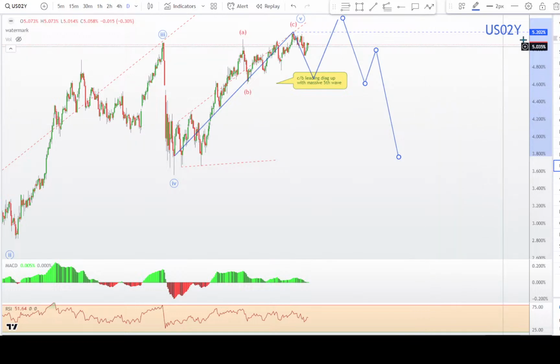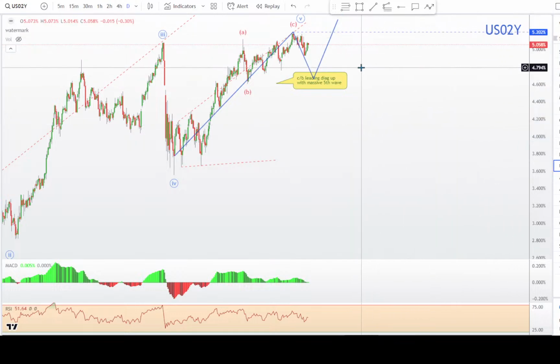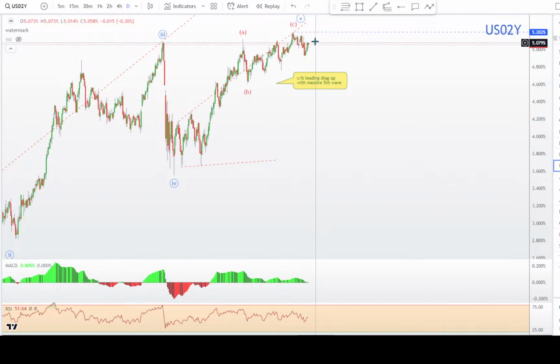I do like that aspect, that it's all making sense. At least I could see a path forward where what the yields are going to do coincides with what the dollar is going to do, which would coincide with what the markets are going to do. So yeah, that's what I see.